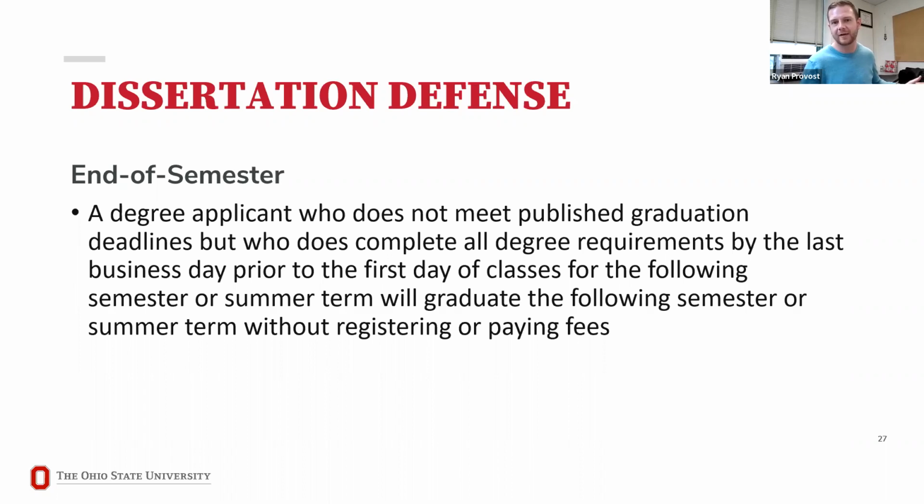So it's a way that the graduate school makes it possible for you to have a little bit extra time to finish everything you need to finish without bleeding over into the next term or semester, and having to still register for classes and all that kind of stuff.